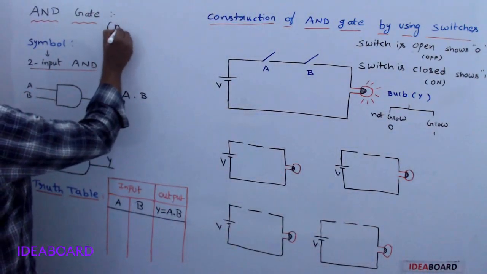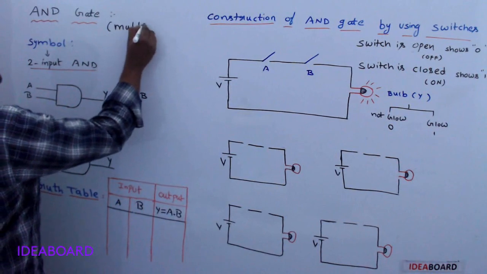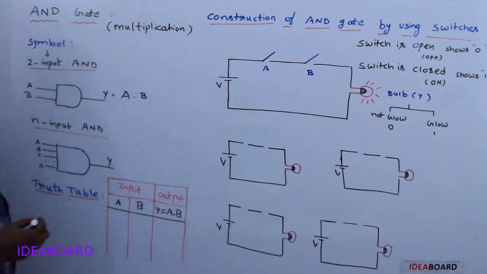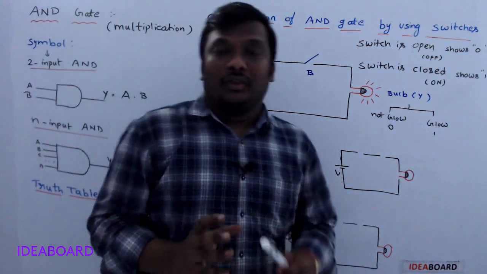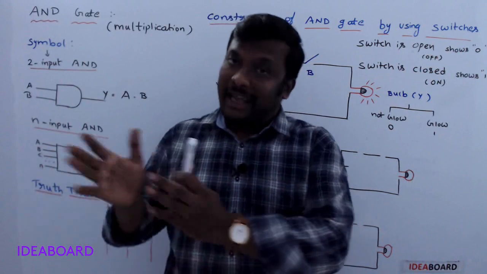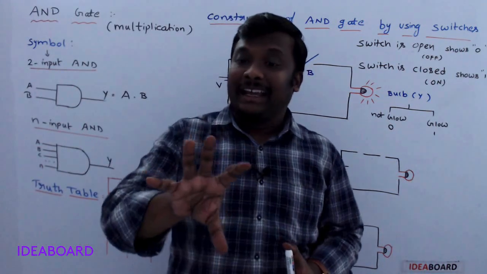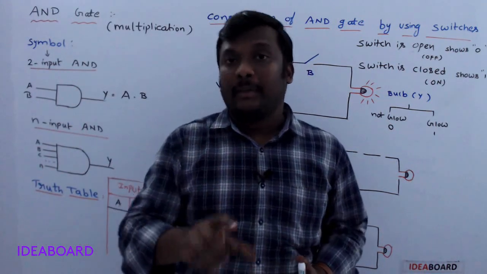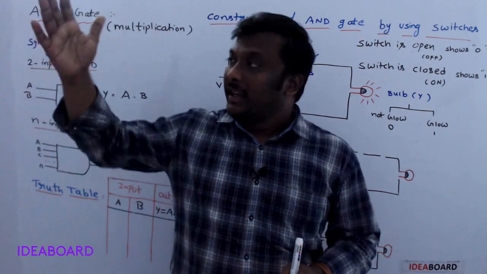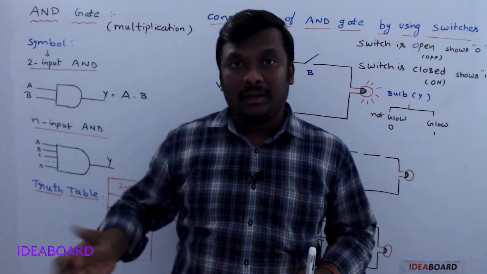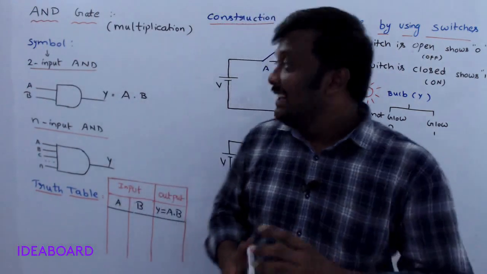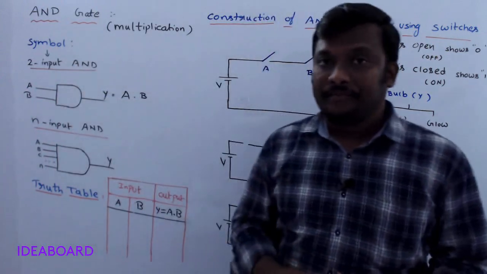Whatever inputs you give to the AND gate, it performs logical multiplication and gives one output. You may take many inputs but you get only one output. Understand? Let us see the symbol for the AND gate.